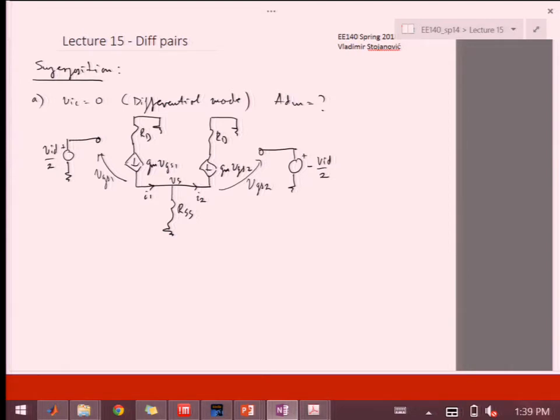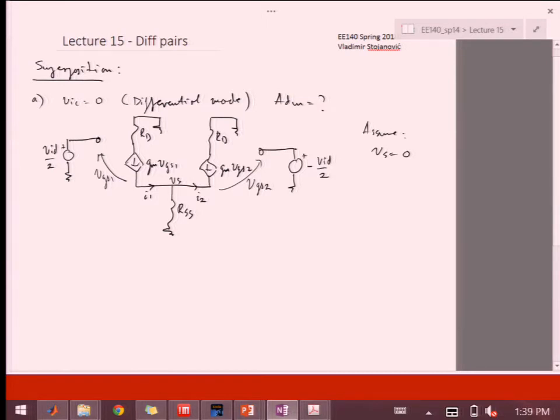So I could make an assumption that as these two voltages are of opposite sign, then my Vs equals 0. Okay, so let's see if that assumption can hold. If Vs equals 0, then VGS1 is just VID over 2, and VGS2 is minus VID over 2. So all the current that's generated here really is flowing just up here.